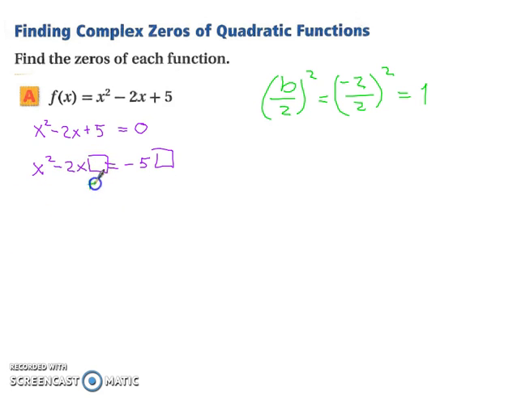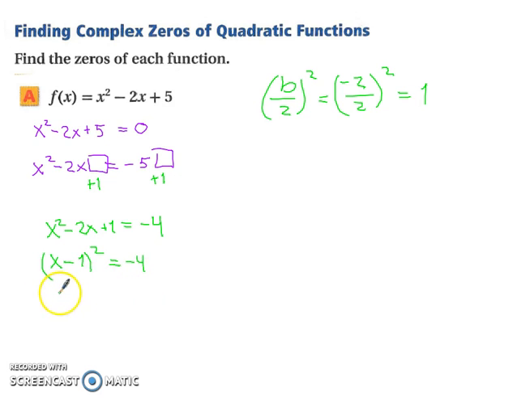So we're going to add 1, and whatever you add to one side, you must add to the other. So now we have x squared minus 2x plus 1 equals negative 4. It's a perfect square trinomial. So we have x minus 1 squared equaling negative 4.